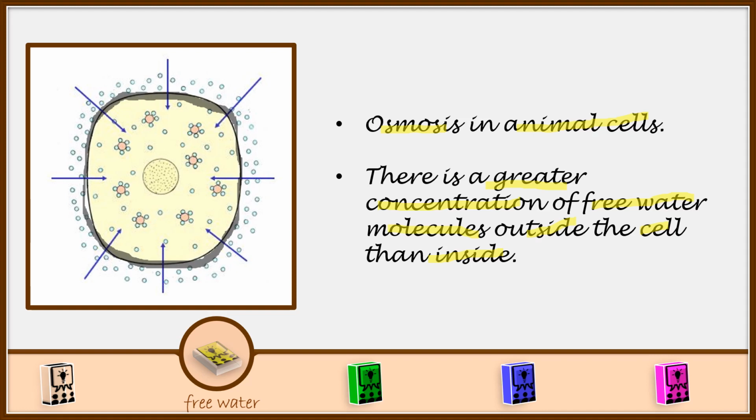Now, when you look inside the cell, you will see that there are very few free water molecules compared to the outside of the cell. So that means water molecules will move from outside the cell and enter into the cell faster than going out of the cell.